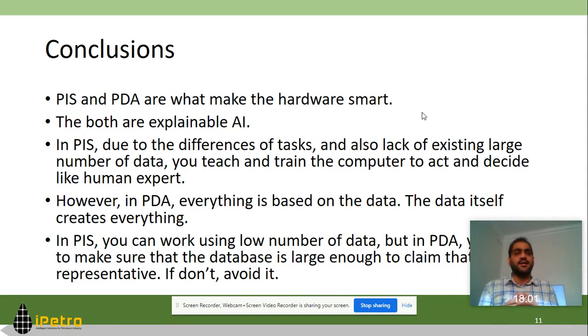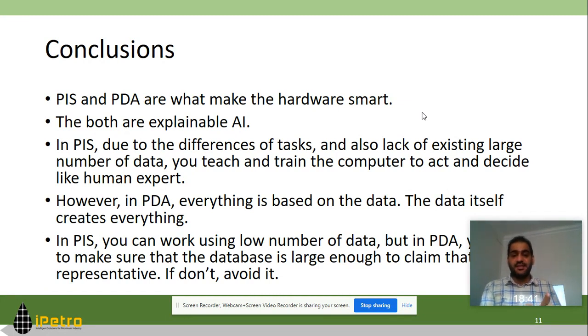The tasks covered by PIS are larger than the tasks PDA can cover, because in PIS we can also use 2D or 3D signals as images, but in PDA we can just use 1D signals as digits and values for making our interpretations or our model.